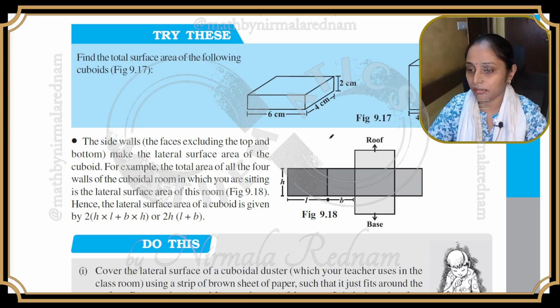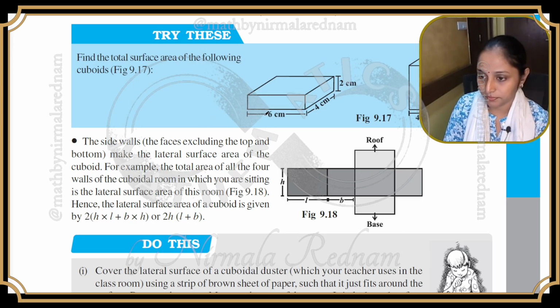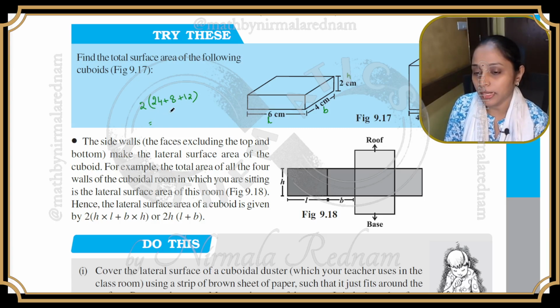If I take this as L, this is B, this is H, then LB is 24, BH is 8 and LH is 12, and I have to take twice of that. That will give me the total surface area, right? And so the answer is, 20 plus 24 is 44, so I have 88 square centimeters. So that is the answer.